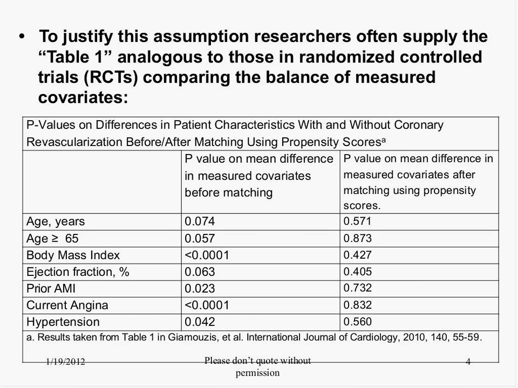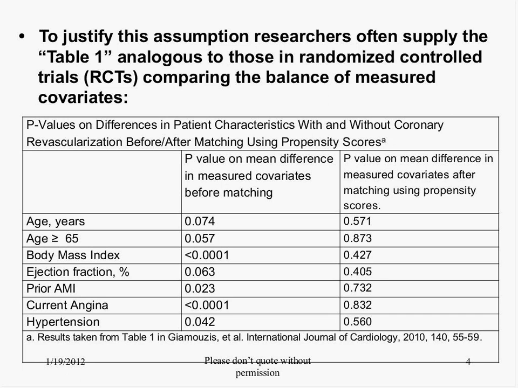So I went out, and here's an example of a chart that I found in a paper in the International Journal of Cardiology from 2010, where authors compared treated people based upon measured characteristics before applying propensity scores that they used to match patients, and then they matched patients.